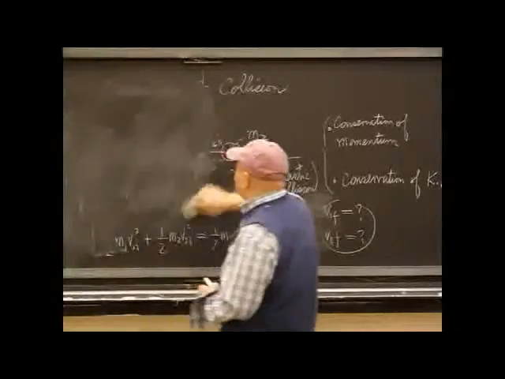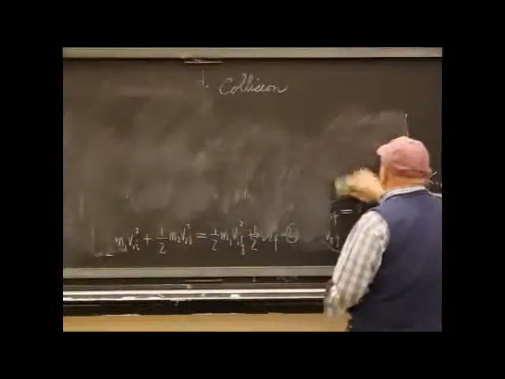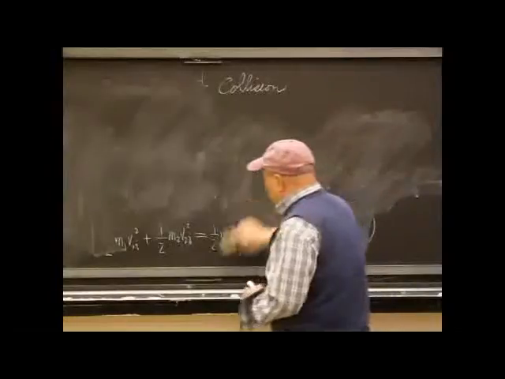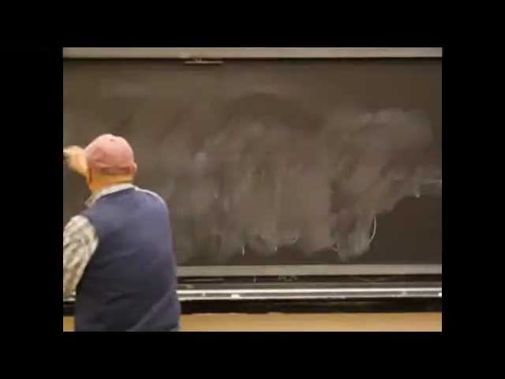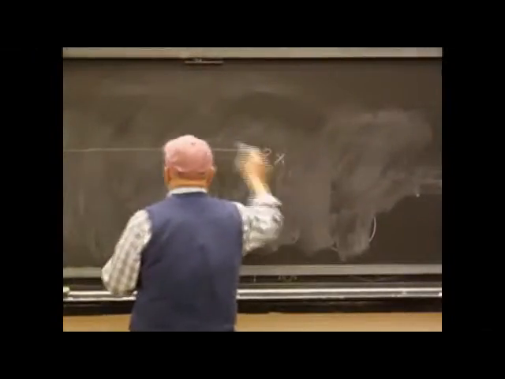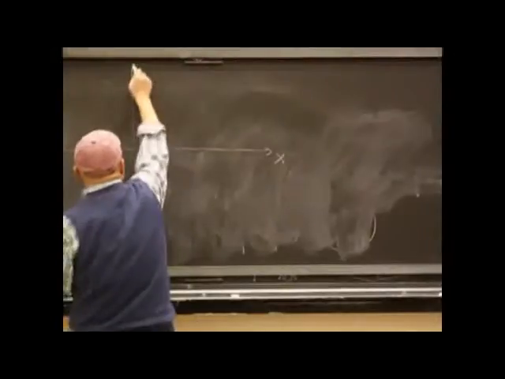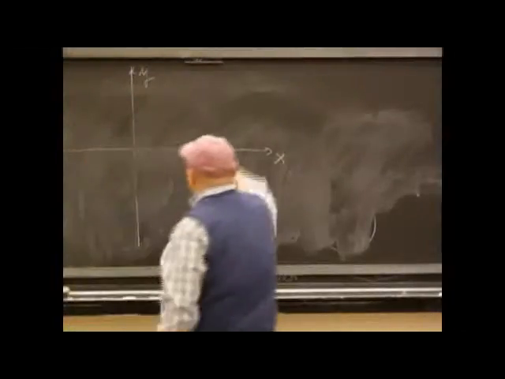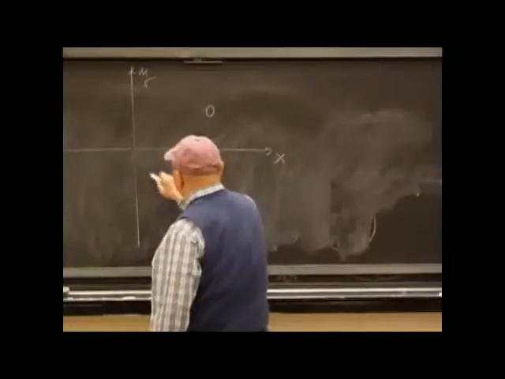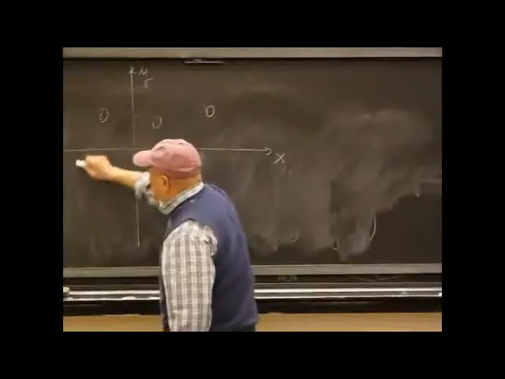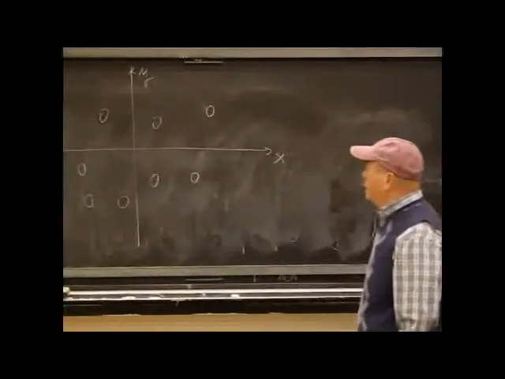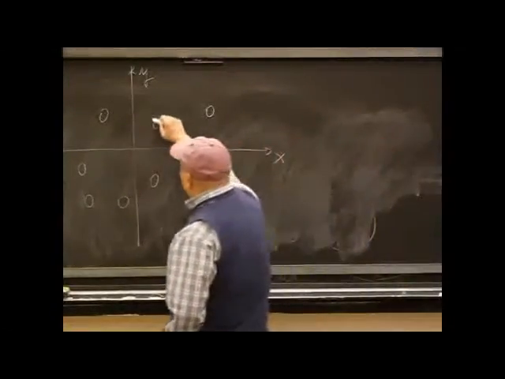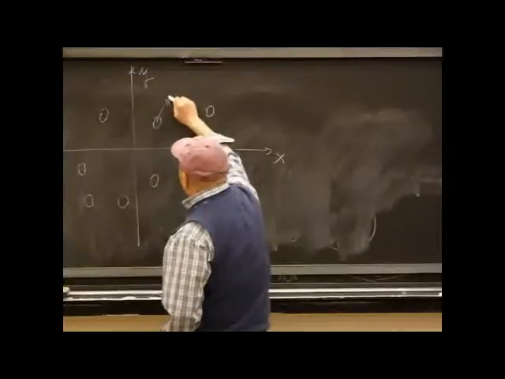Later on, you can extend it to 3 dimensions. So in these cases, this is the x-axis, and this is the y-axis. The object is like in here, in here, in here. It's all over the place. Then what is the average distance? For each one of them, maybe this one is m1.